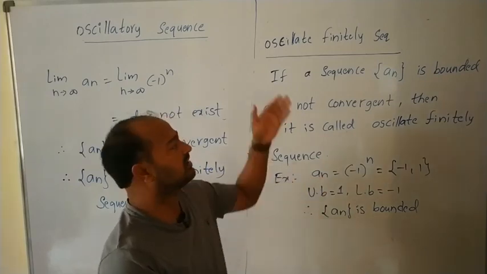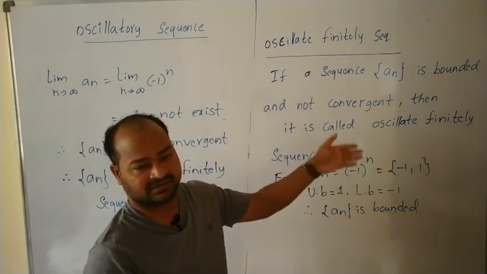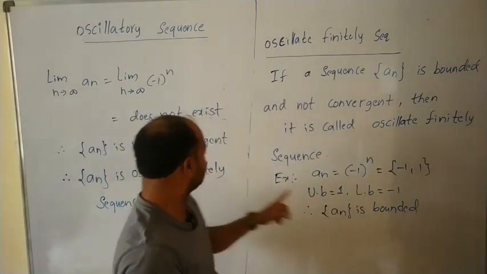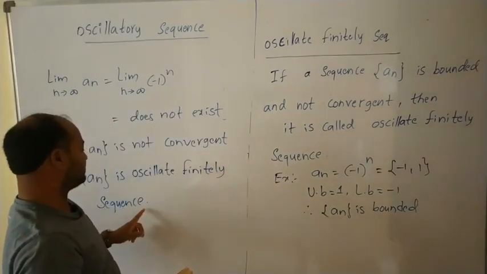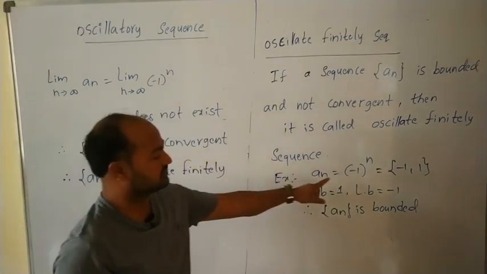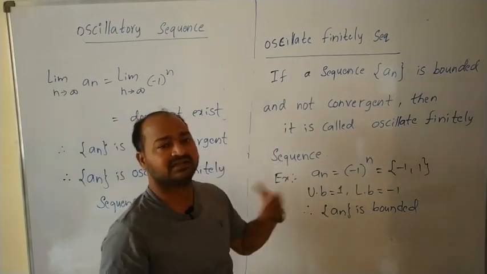So this is the example for an oscillate finitely sequence.